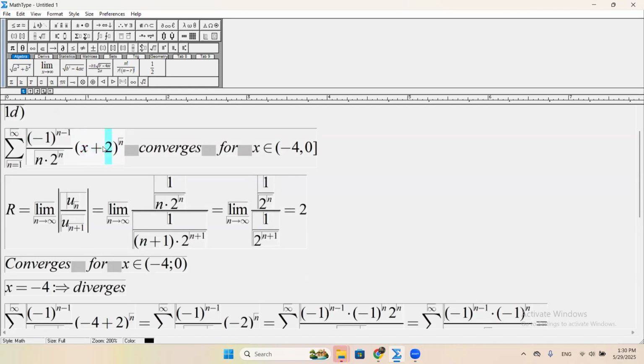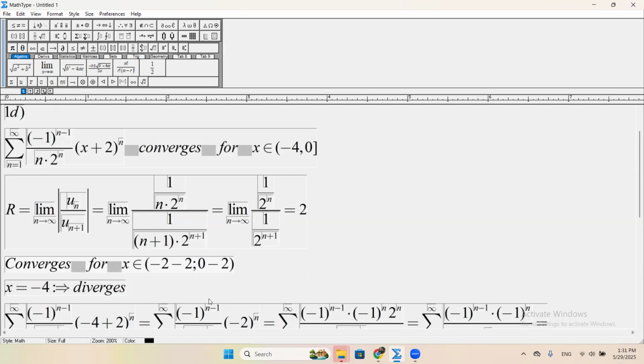So we need to subtract this shift from both sides of the interval. So minus 2 and 0 minus 2. Okay, I just didn't take that into account. Thank you. You are welcome.